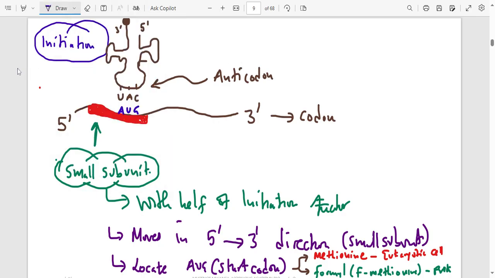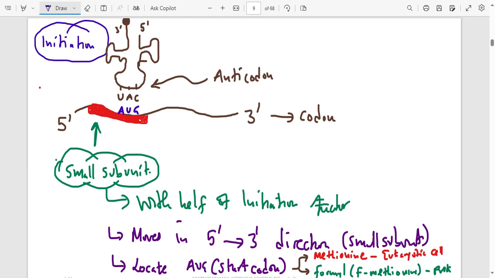So immediately we bring the first amino acid, initiation is done. We are done with initiation. What is going to be happening next is going to be elongation. Now, another thing that I want you to take note of is that initiation is happening in a different region.